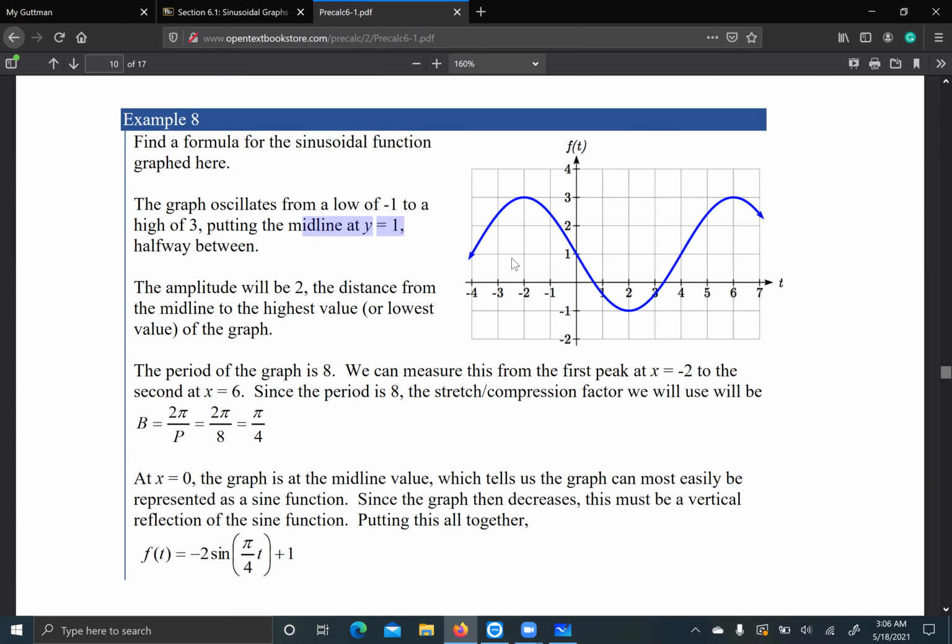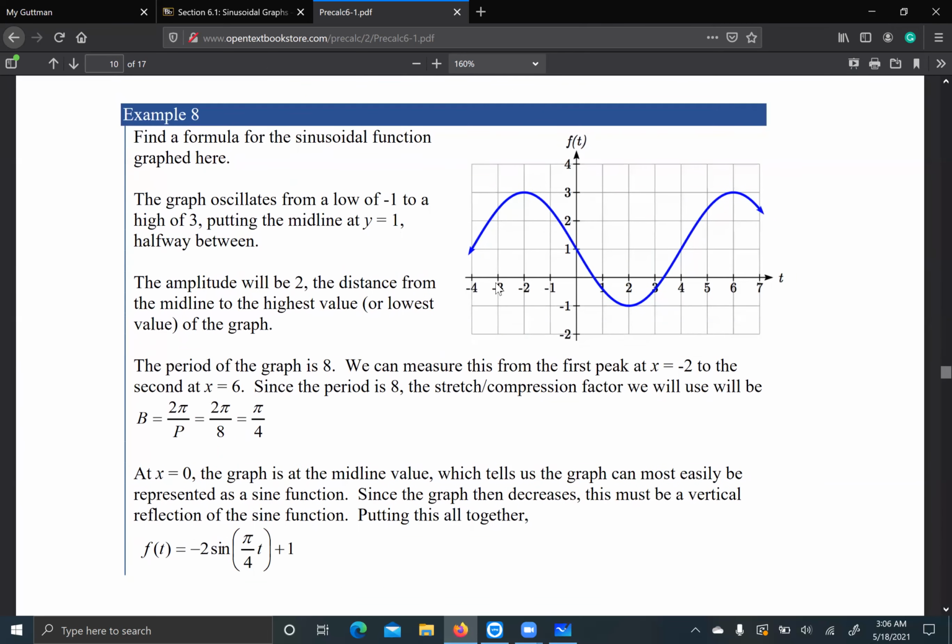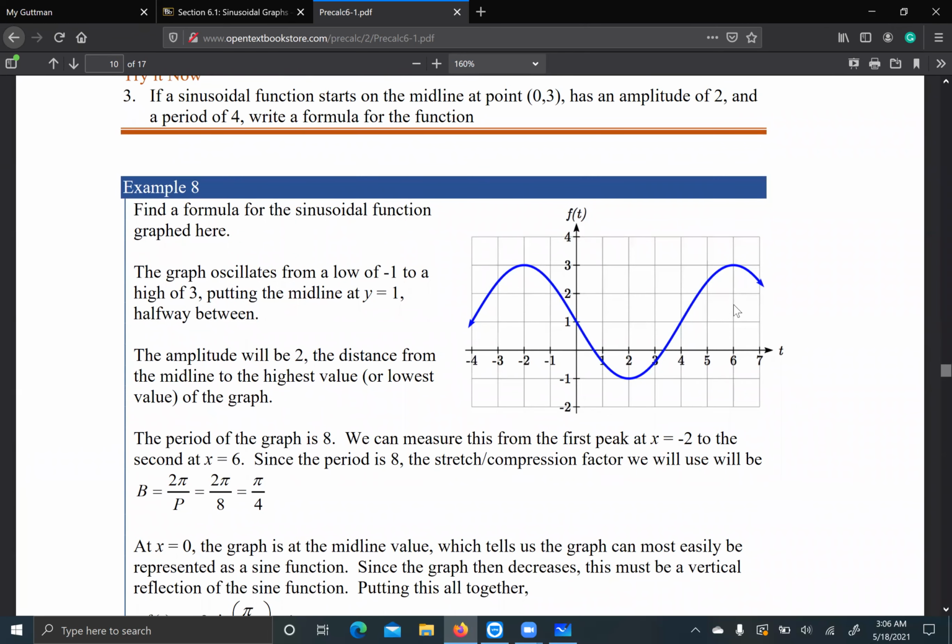Okay, so the amplitude is 2 because between -1 and 3, the middle is 1. How many units up and down does it go? 2 units. So amplitude is 2. The distance between the highest value and the midline is 2. Okay. And the period is 8.